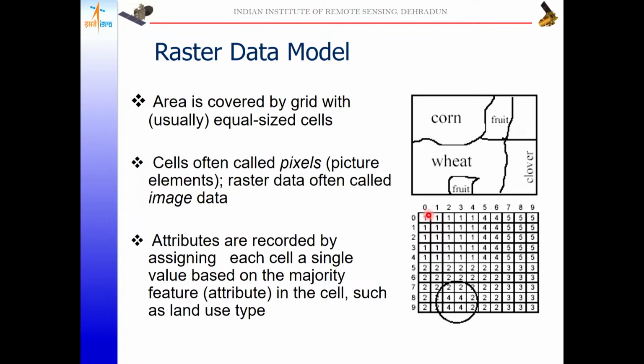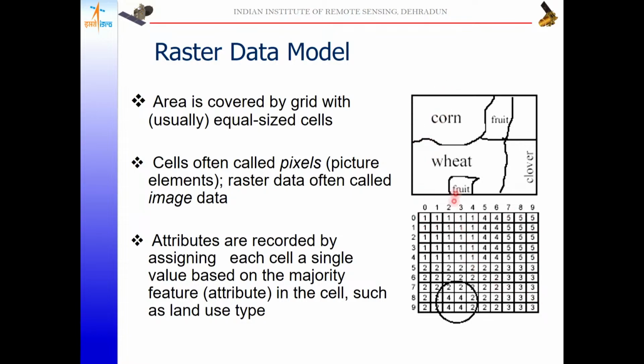So now next step is each cell need to be assigned a pixel value, cell value, also known as DN number, or digital number need to be assigned here, which is known as pixel value. How is this assigned? Basically, suppose you have this area and you have created this grid.